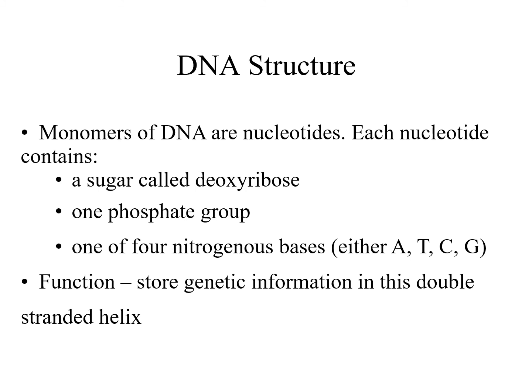All right, so just to review, sugar, phosphate, and base make up a single nucleotide. Here's another sugar, phosphate, and a base. So when we build DNA, we have to include a nucleotide that has a sugar, a phosphate group, and a base. Let's talk for a moment about base pairing rules. Adenines and thymines are built to pair together, so A's and T's or T's and A's go together.